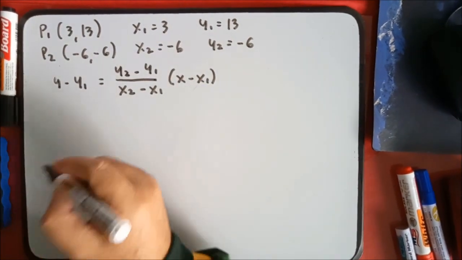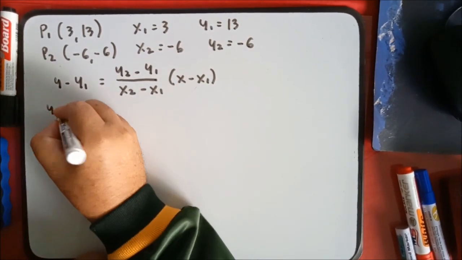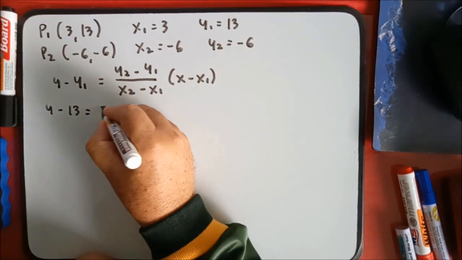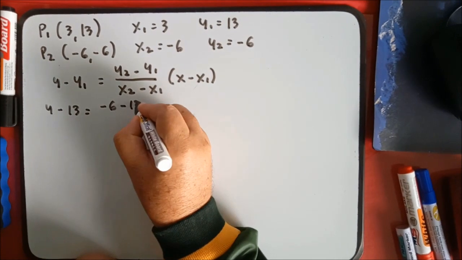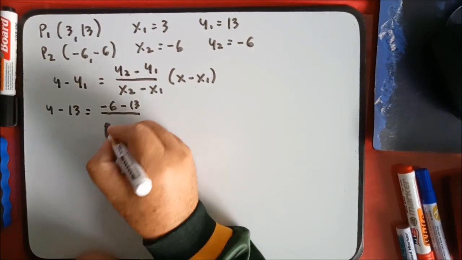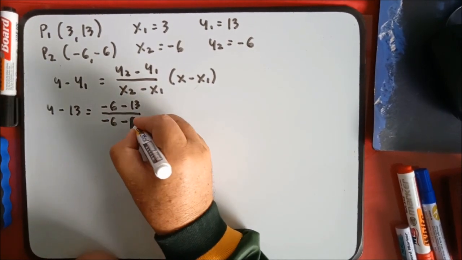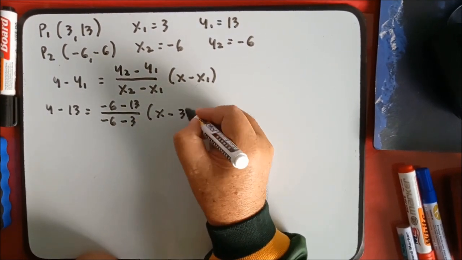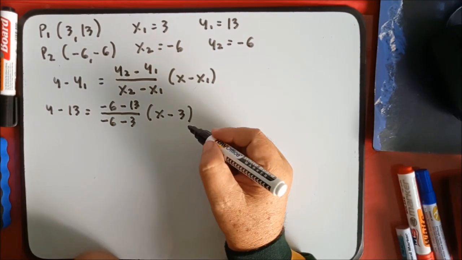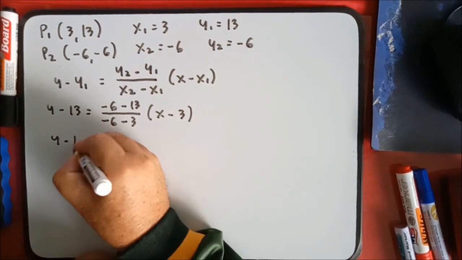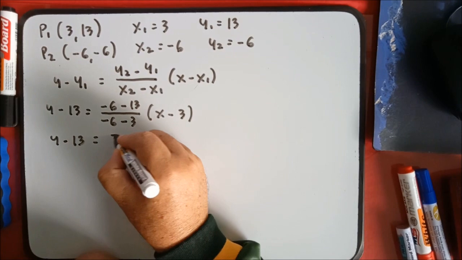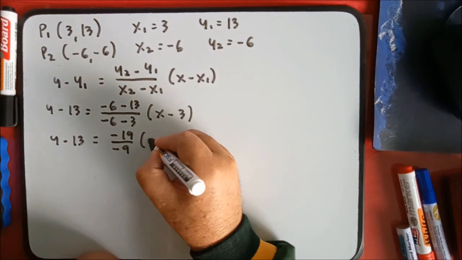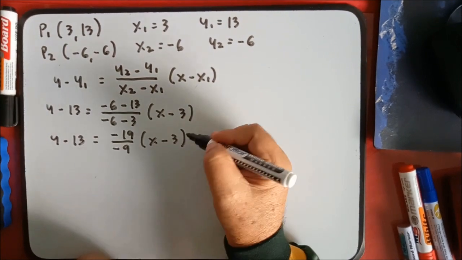Okay, substitute. y minus y sub 1, which is 13. y sub 2 is negative 6 minus 13 over negative 6 minus 3 times x minus 3, which is your x sub 1. Simplify now. y minus 13 will become negative 19 over negative 9 times x minus 3.